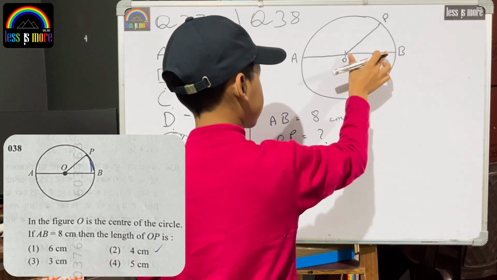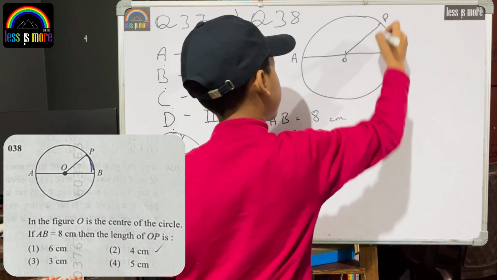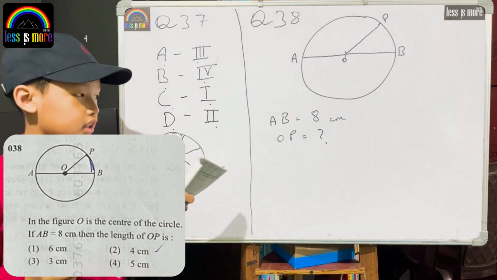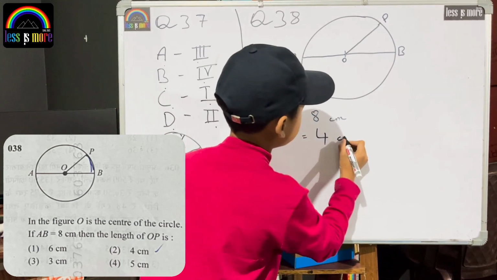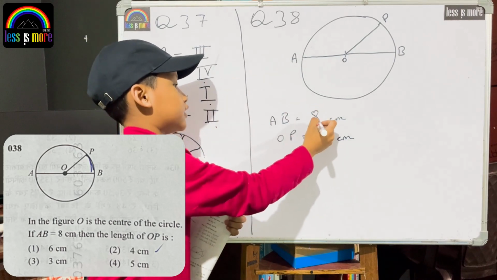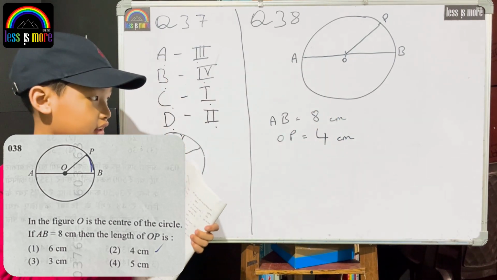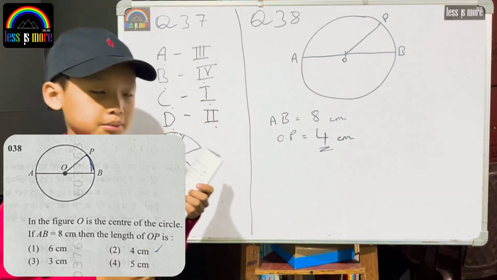This radius has the same length as OP. So the answer is 4, since the radius is half of the diameter length, 8. So the answer to question number 38 is 4 centimeters.